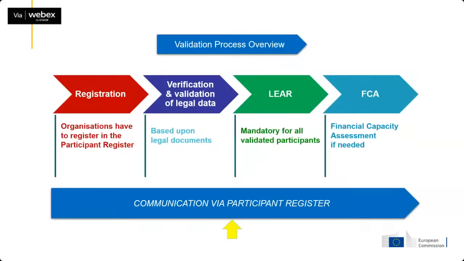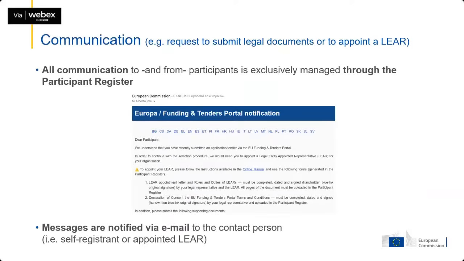Now we come back again to the same timeline, and I would like to draw your attention to its bottom part, which is the communication via participant register. This is very important for us because, first of all, this is the only way your message reaches the actual person working on the specific case, the case handler.